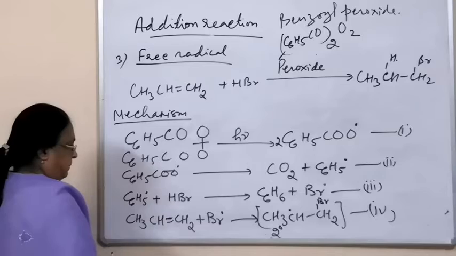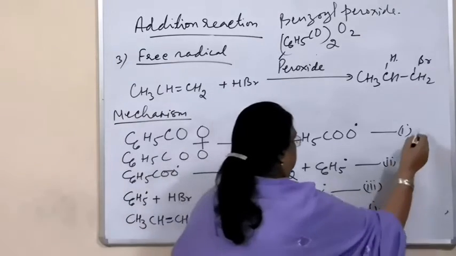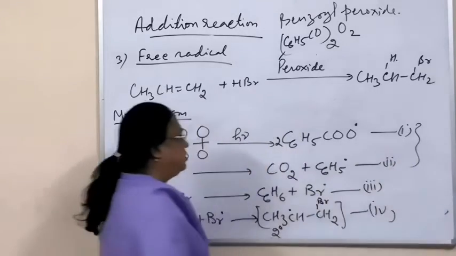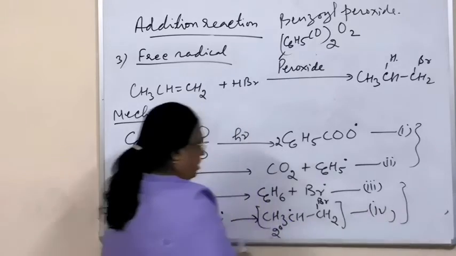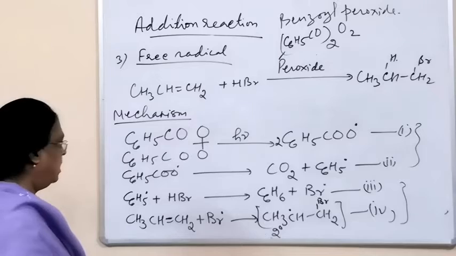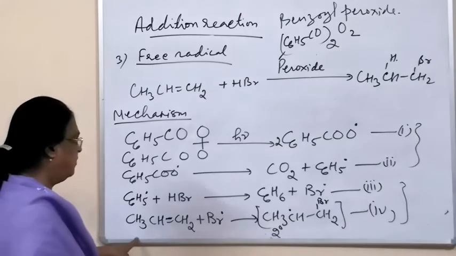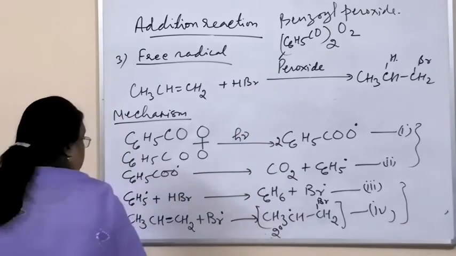Now in the next step, you know that these steps are starting the reaction, so this is the initiation step, and these steps will continue propagating the reaction, so this will be the propagation step. In the next step, this will attack another molecule of HBr.